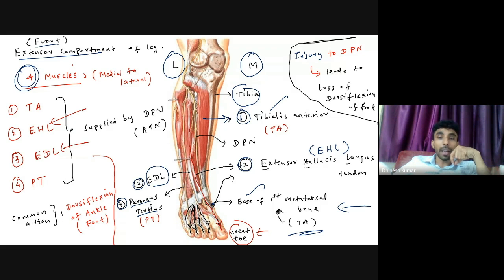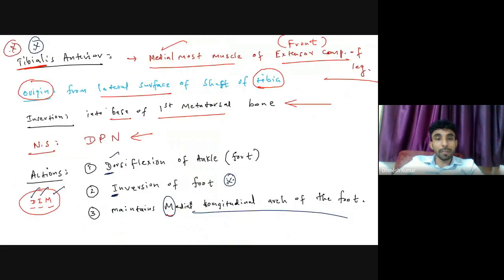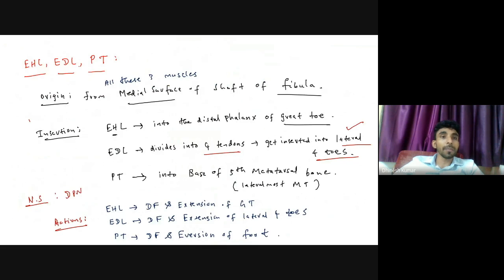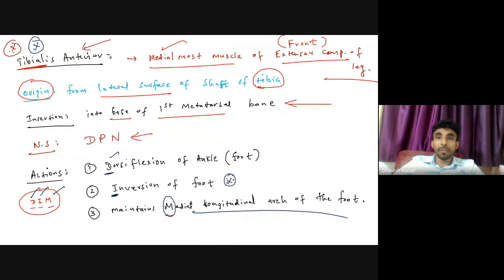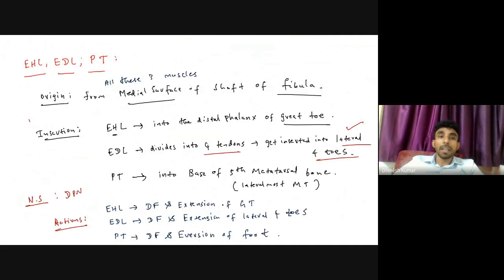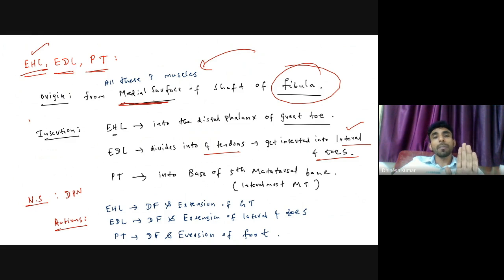After arising from the fibula bone. So except the tibialis anterior, which arises from tibia, the remaining three muscles of this compartment, hallucis longus, digitorum longus, peroneus tertius, all arise from the fibula bone. Just remember, all arise from the medial surface of the shaft of fibula.